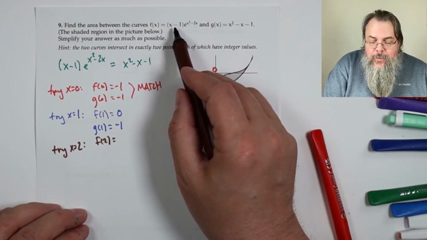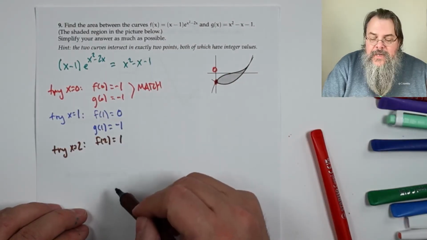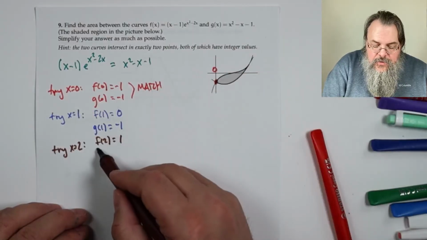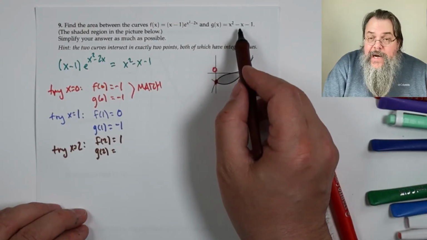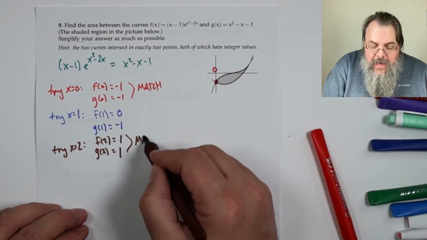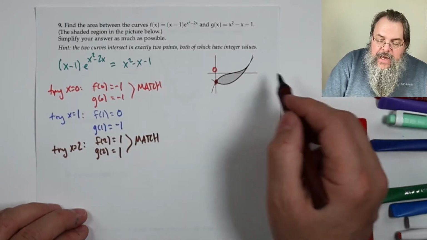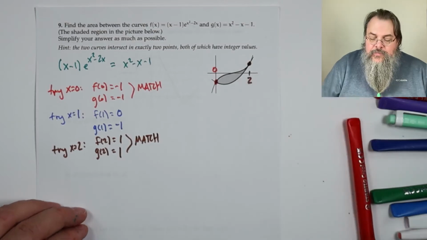So we'll get 1 times e to 0, which is 1. Now, how about g of 2? Well, okay, that's 4 minus 2 minus 1. That's 1. Another match. A match made in math. Okay, so that's at 2.